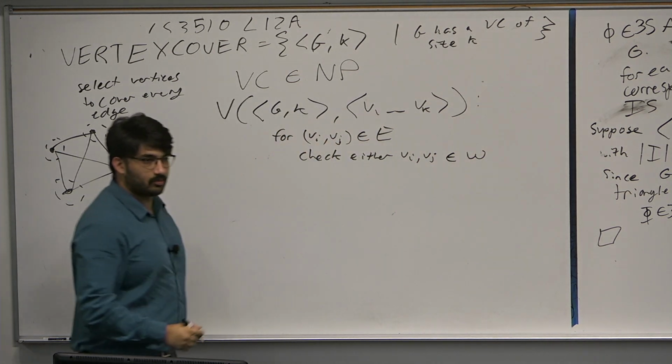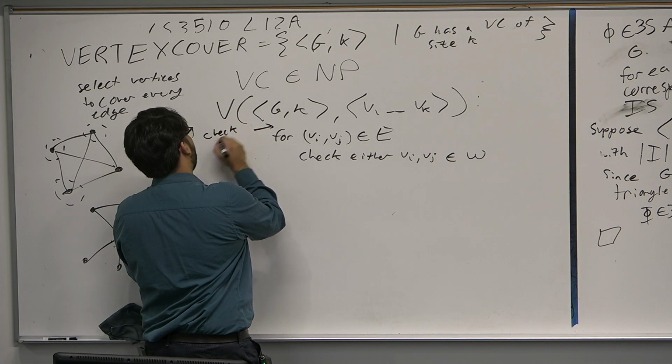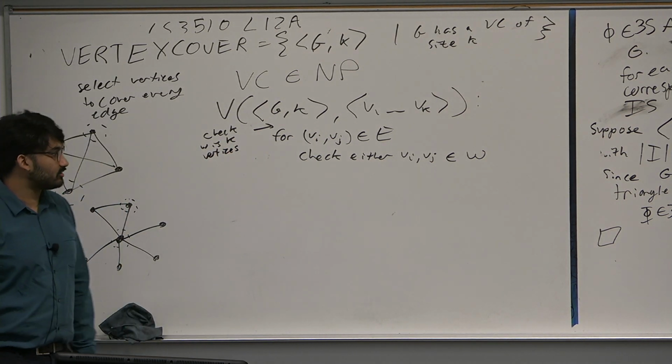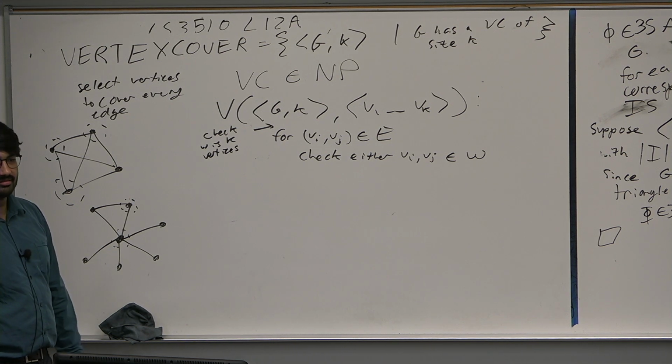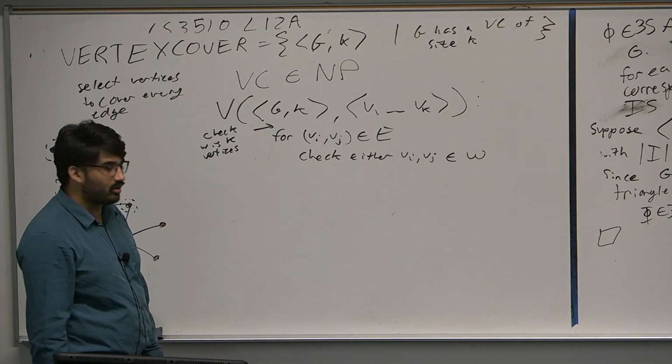There's some other syntactic stuff there: check the witness is K vertices, etc. All that other stuff. How long does this take? E, N squared-ish.